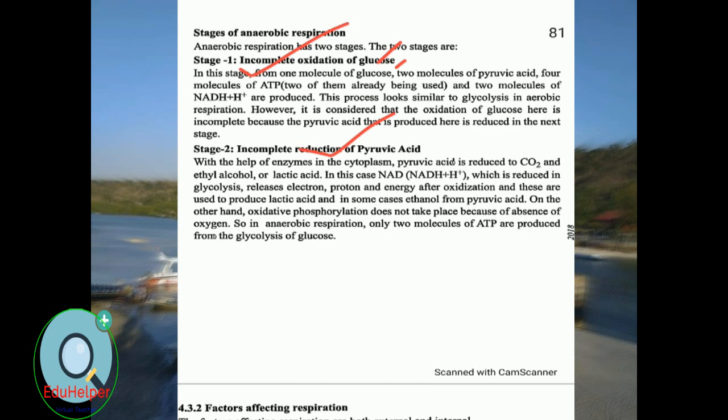First, in the presence of decarboxylase enzyme, pyruvic acid releases 1 molecule of carbon dioxide and converts into acetaldehyde. In the next stage, in the presence of dehydrogenase enzyme and reduced nicotinamide adenine dinucleotide, acetaldehyde gets reduced and converted into ethyl alcohol, or ethanol.